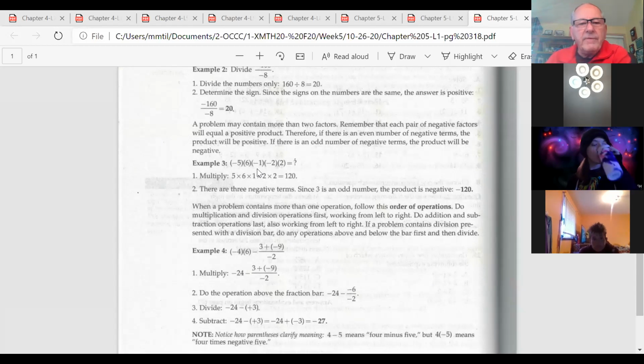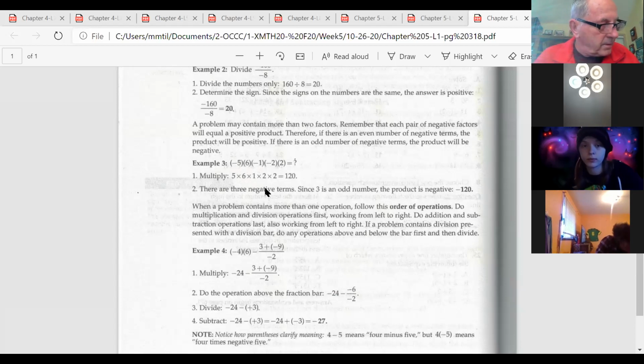Now, if you have a string of negatives and positives, you just multiply them together. You look at example 3. I'm going to put this on the whiteboard. They're just all multiplied together. So it looks like this.